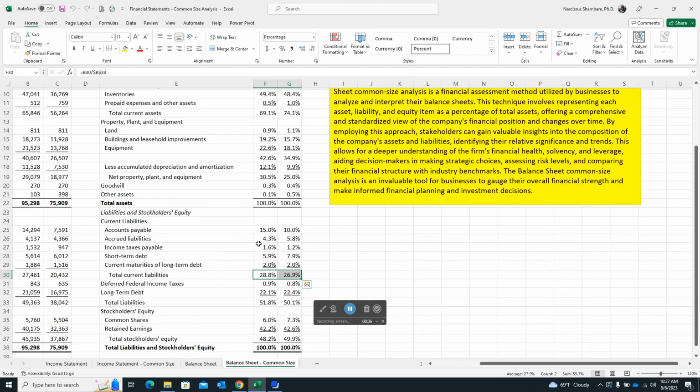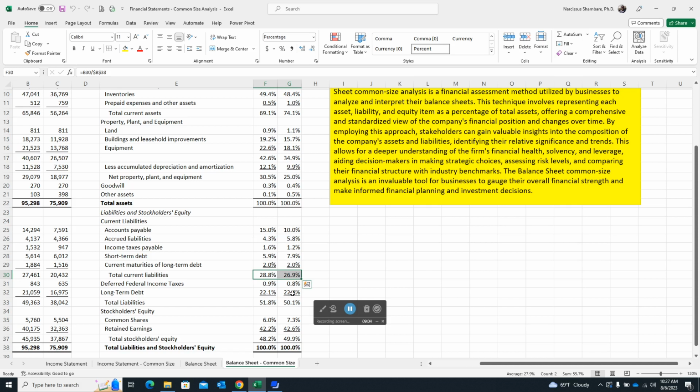Accrued liabilities stayed about the same. Income tax payable about the same. Short term, so there's nothing that really stands out there. And again, when you look at the total current liabilities, they stayed about the same when you compare to the previous year. So the net effect of the 5 percentage points in our accounts payable did not really turn out to be too significant in this particular regard.